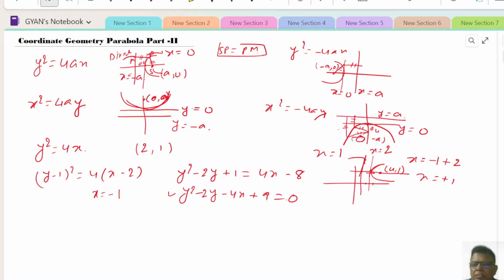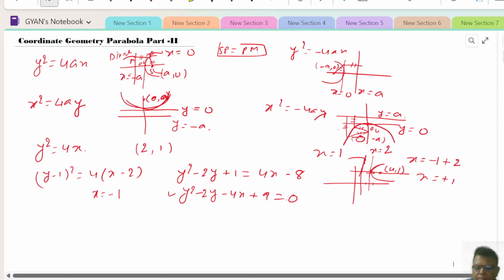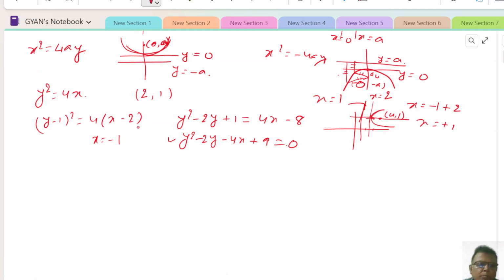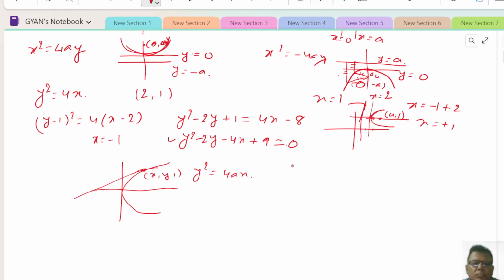Now come to the tangent. Suppose the parabola is y square is equal to 4ax, and the tangent is drawn at the point on the parabola (x1, y1).